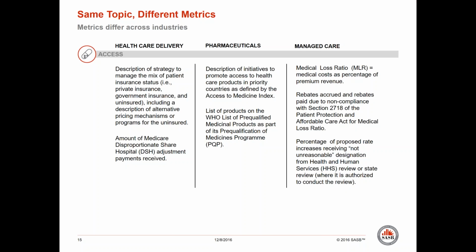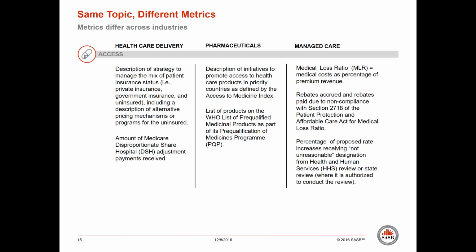So for example, in healthcare delivery, access is really about the strategies that companies are taking to ensure that patients of different insurance status are able to access services, whereas in pharmaceuticals, it's more around the idea of access to medicines and descriptions of initiatives to promote access to healthcare products in priority countries, as defined by the Access to Medicines Index.